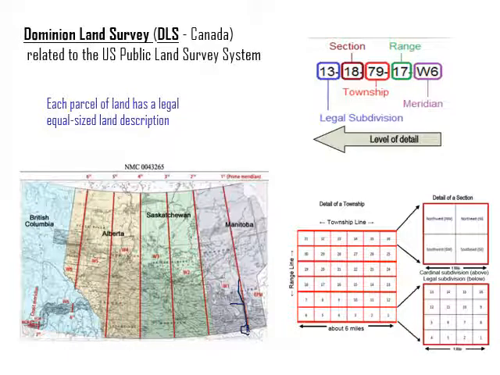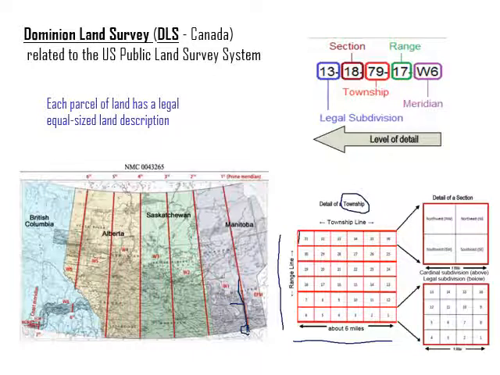So each of these 6 by 6 mile blocks is called a township, and each township can then be subdivided into sections. There are 6 sections along the township line and 6 sections along the range line.